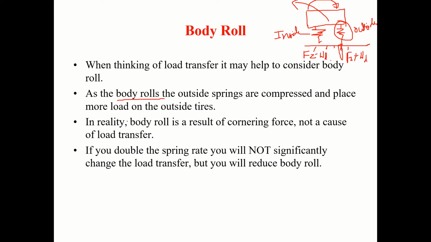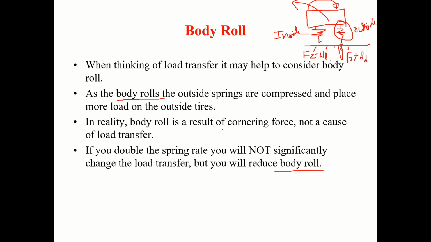In reality, body roll is a result of cornering force, not a cause of load transfer. If you double the spring rate, you will not significantly change the load transfer, but you will reduce body roll.